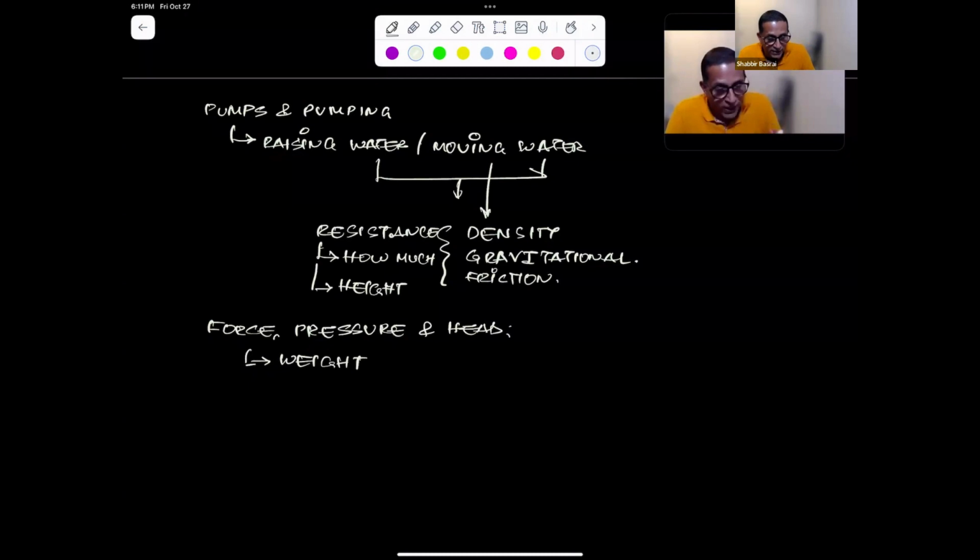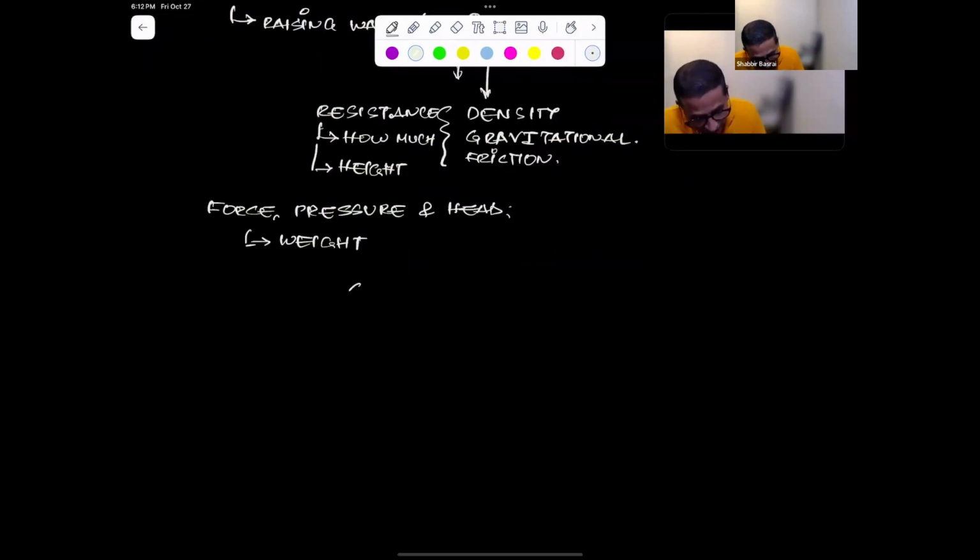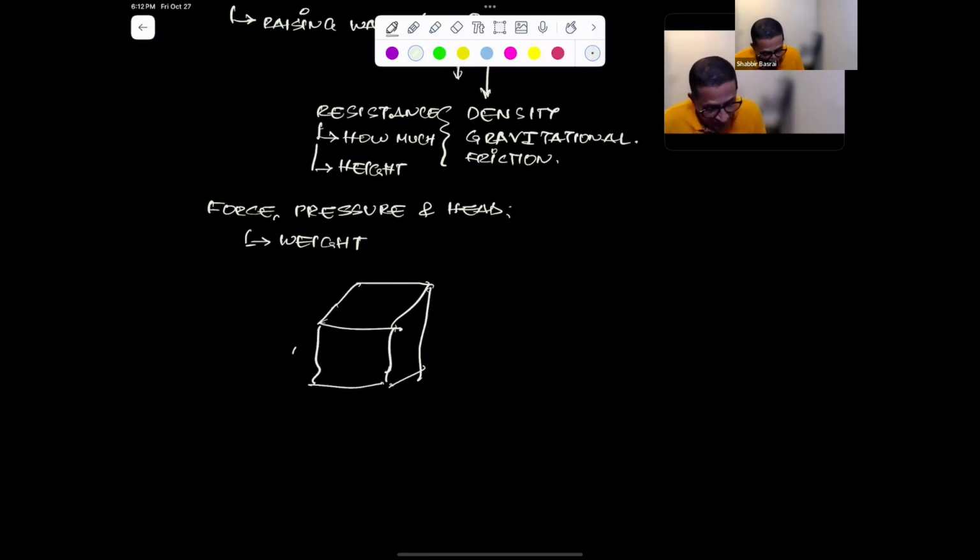But the way things are defined in the English system, force and weight are measured in the same unit. So when we are talking in the context of water, say I have 1 cubic foot of water in this particular cube.